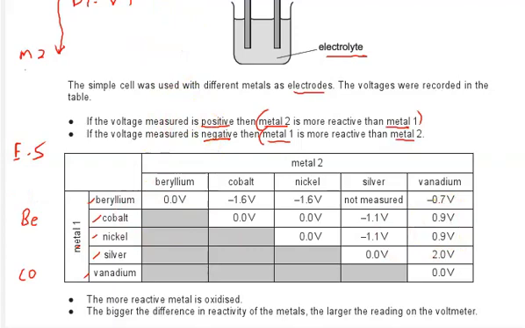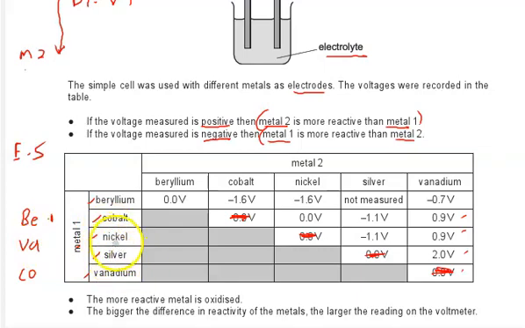It should be in between here, because beryllium with vanadium is showing negative. So it means beryllium should have higher reactivity. Okay, this is number 1, and it is positive for all. So when it's positive, the vanadium here should be more reactive than the others.